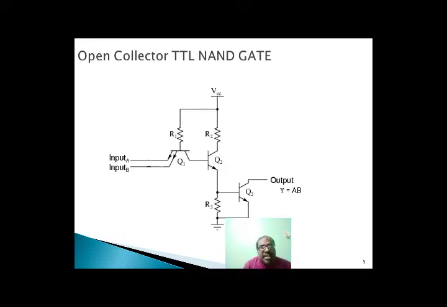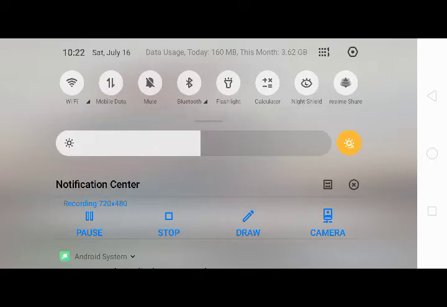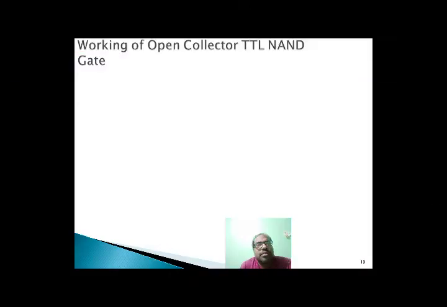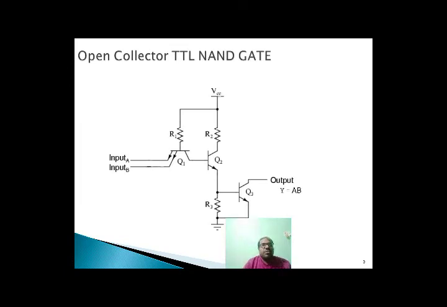Here also it is having three transistors Q1, Q2 and Q3 and three resistors R1, R2 and R3 and two inputs, input A, input B, directly connected to the emitter of the transistor Q1 and one ground, and output Y equal to AB bar and a collector voltage VCC.